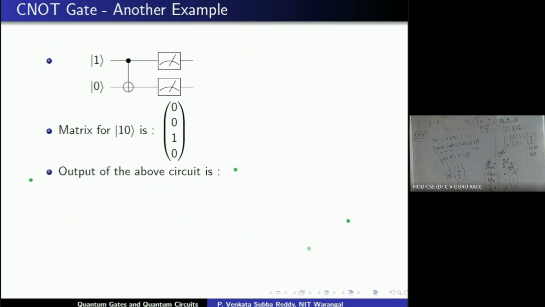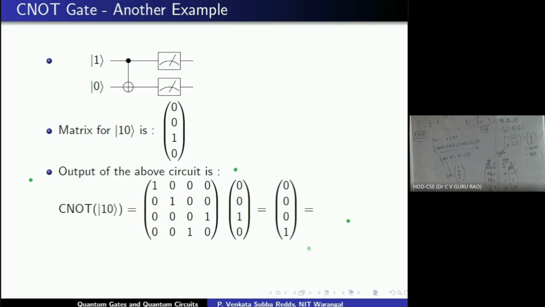Okay. 0, 0, 1, 0. Again, the matrix is what? We know this is the matrix. Is that okay? This is nothing but the fourth one. The fourth one is ket 1, 1. Measurement gives 1, 1 with probability 1. Other things we don't get.